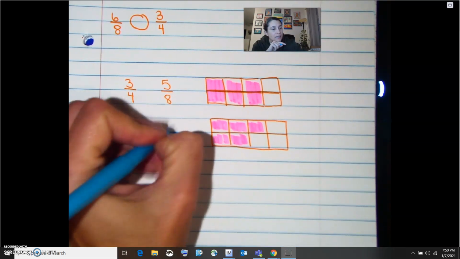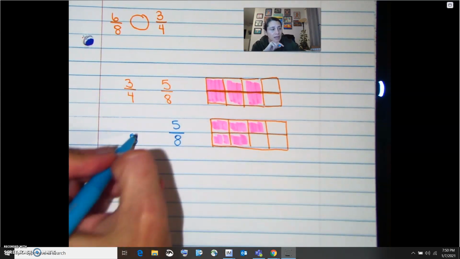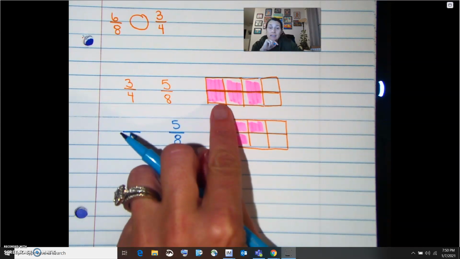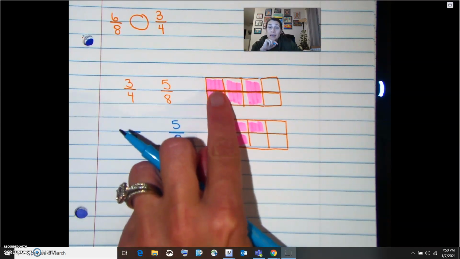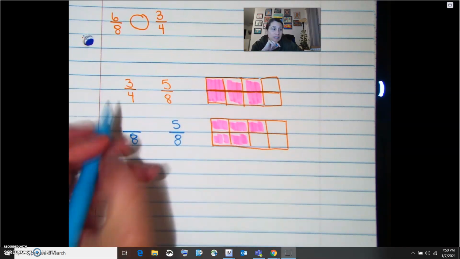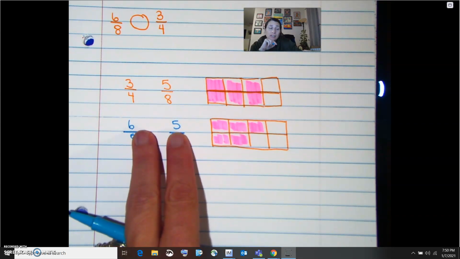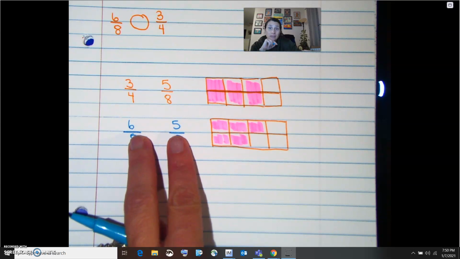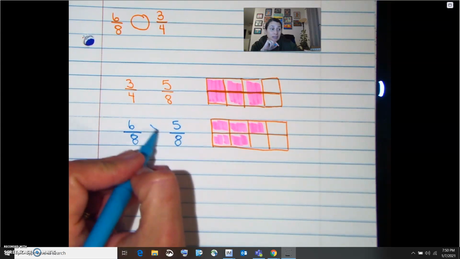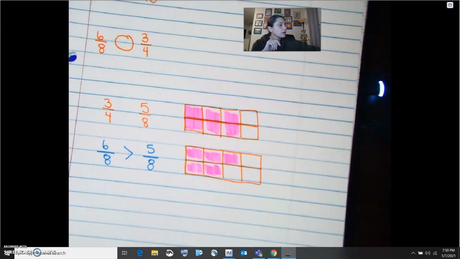This one already has eighths, so we don't have to do anything with that, right? And how many did that change into? It went from 3 to how many? 6. So our denominators are the same, so we can look at our top ones, our numerators. Is 6 bigger than 5? Yes, it is.